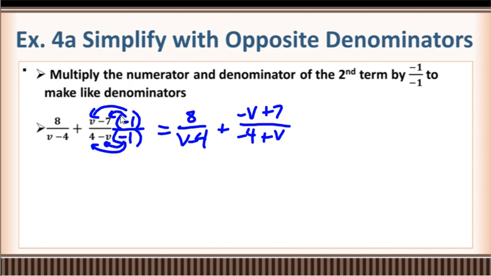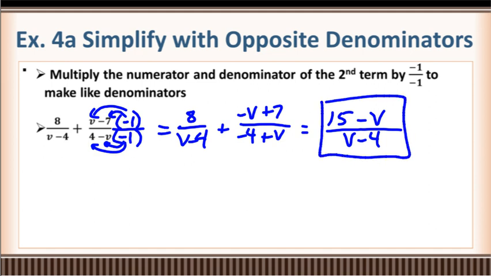So a negative 4 plus v is the same as v minus 4. So now I can combine. I'm going to put v minus 4 as my variable first. And now in my numerator, I have 8 plus 7, which is 15, minus v. And I can't factor that any further, so this would be my answer.